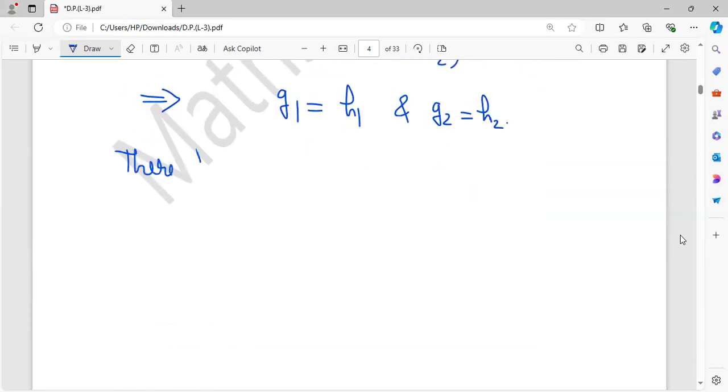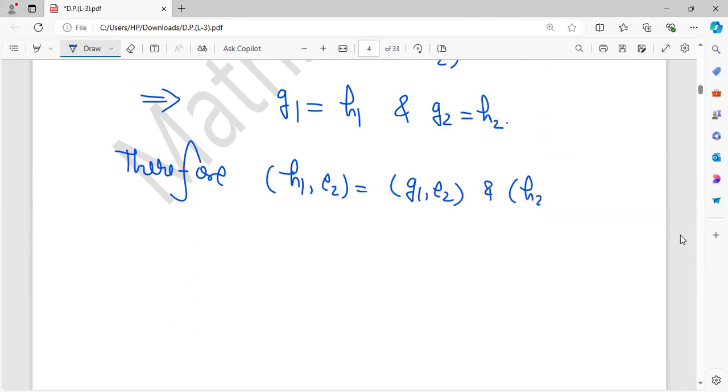Therefore (g1, e2) is equal to (h1, e2) and (e1, g2) is equal to (e1, h2).